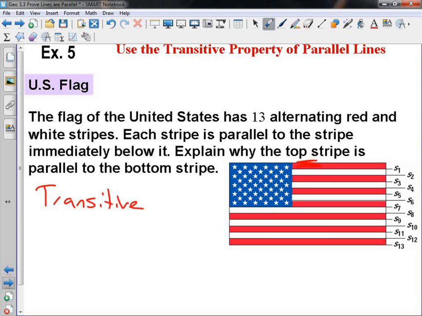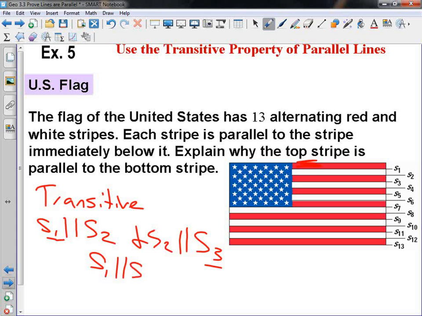Transitive property basically just means that you can transfer equal signs or parallels through 13 stripes. If I say stripe 1 is parallel to stripe 2, and stripe 2 is parallel to stripe 3, the transitive property says I can translate all the way from 1 to 3, and I could say stripe 1 is parallel to stripe 3.